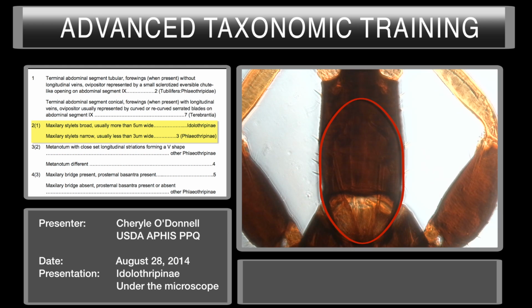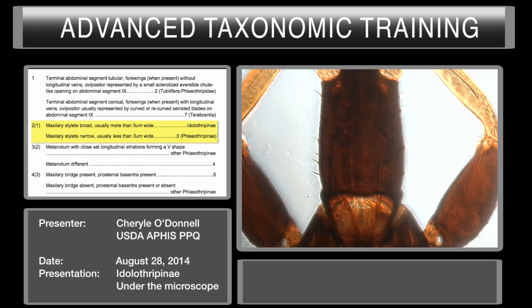And you can see the mouth parts are right here, the muscle structure. Maxillary stylets are inside of that. So they're looking for broadness here as compared to narrow. Narrow being 3 microns wide, or wider at 5 microns. In this particular case, we have very wide maxillary stylets.